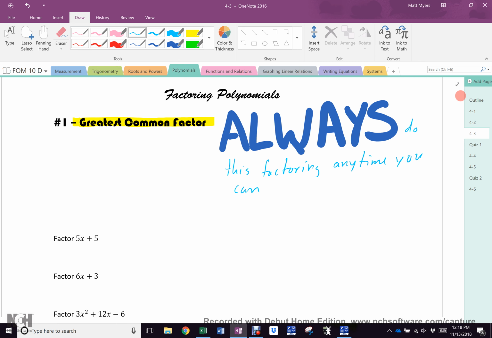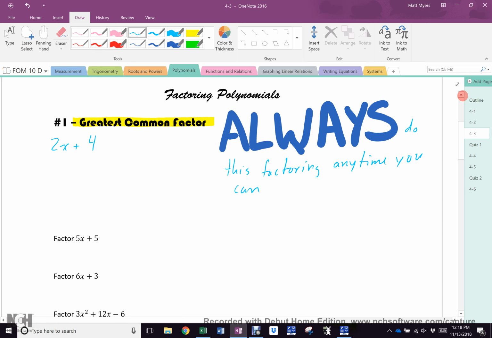If I were to give you 2x plus 4, and I wanted you to factor it, that means you're able, possibly, to reverse getting to this spot. What would reverse getting there?